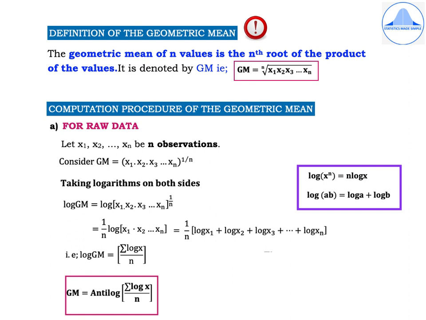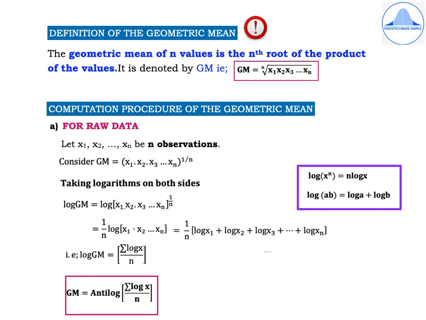Using two properties based on logarithms which are mentioned in the purple colored box and taking logarithms on both sides, I get log GM is equal to log of x1 into x2 into x3 so on xn whole to the power of 1 by n, which is equal to 1 by n log of x1 into x2 so on xn, which is equal to 1 by n into log x1 plus log x2 plus log x3 plus so on plus log xn.